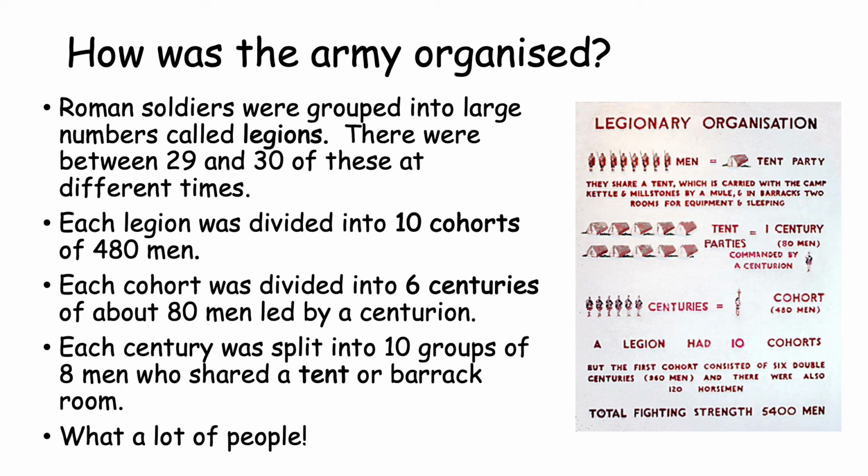So one cohort had 480 men. The cohorts were then divided into 6 centuries of about 80 men, and they were led by a centurion. Each century was split into 10 groups of 8 men who then shared a tent or a barrack room, which is just a room where the soldiers slept.